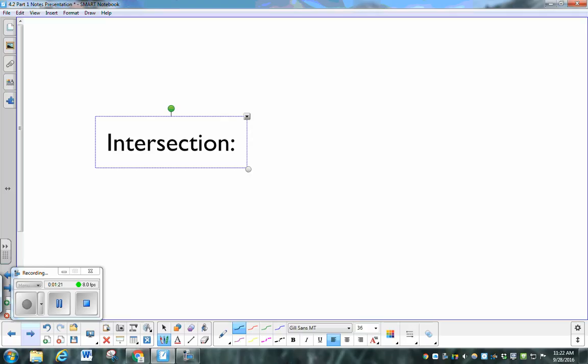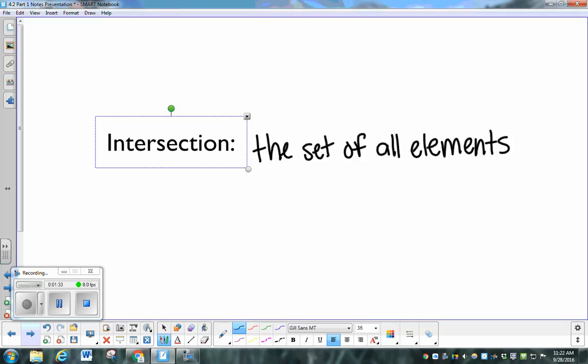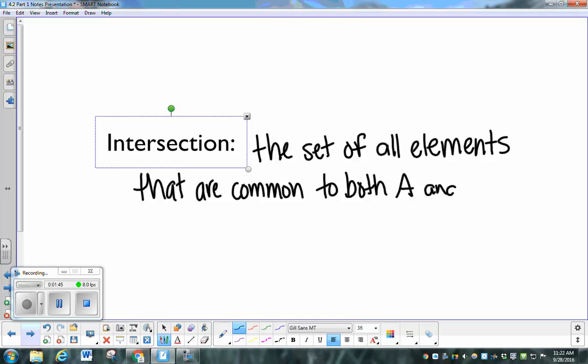An intersection is the set of all elements that are common to both A and B. So when we have two different inequalities, the intersection is when we're talking about only the numbers that are true in both of them.